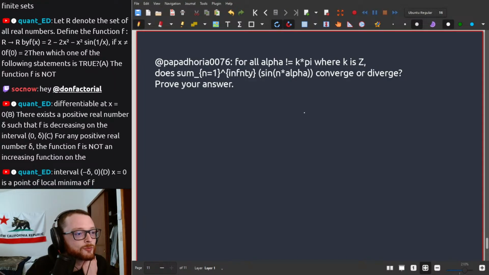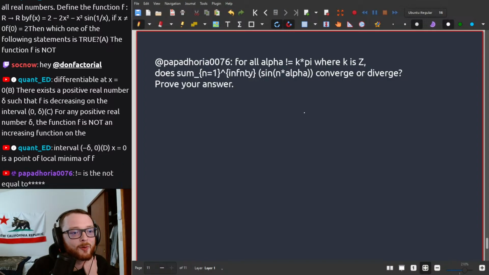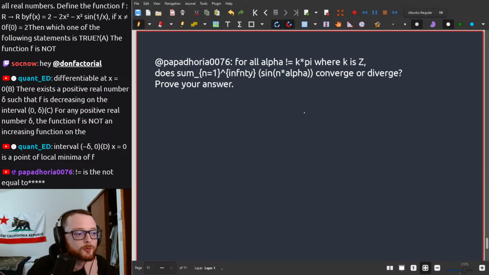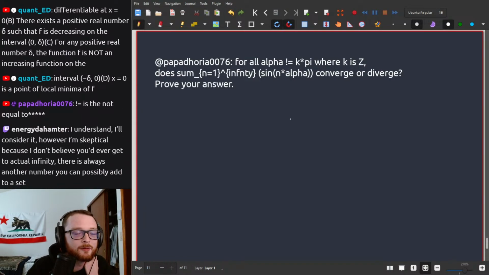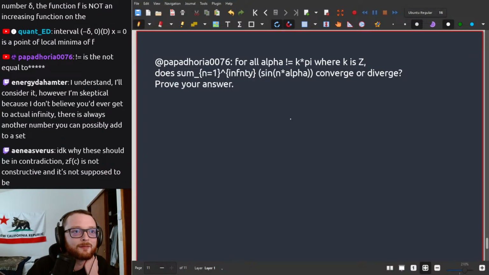All infinities are potential. I don't know, and I feel like even if you don't like my argument about arbitrarily large being different than infinity, I feel like we can construct infinite things because there's infinitely many numbers between 0 and 1.